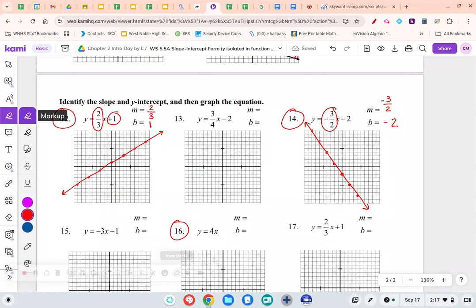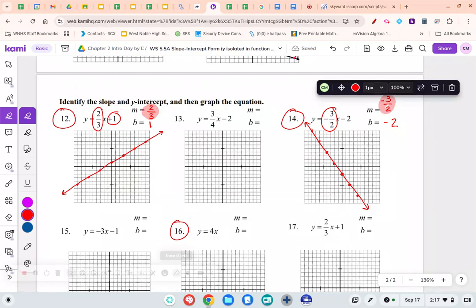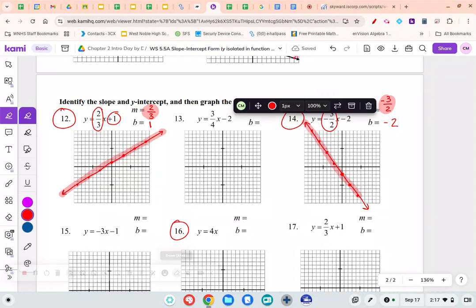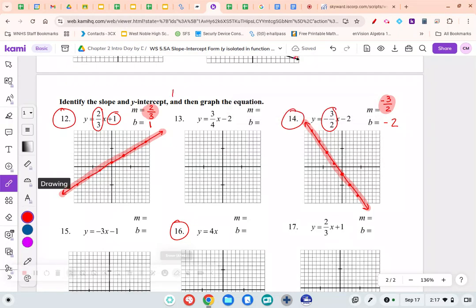Okay, do you guys notice that question 12 has a positive slope and question 14 has a negative slope? Do you also notice how this line is slanted this way and this line is slanted the other way? That is something that is true about positive and negative slopes. Positive slopes always are angling this way.